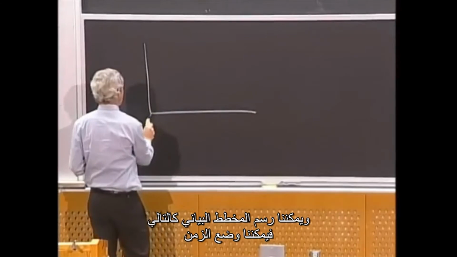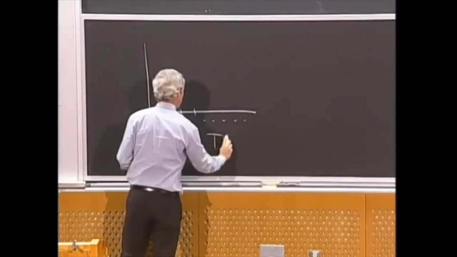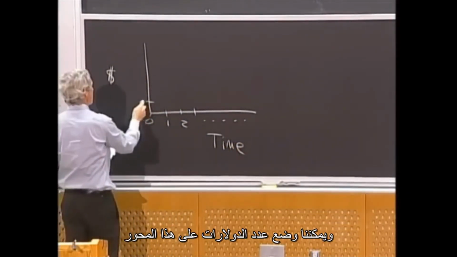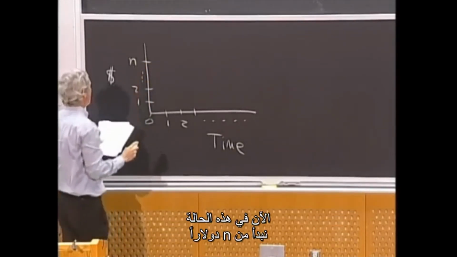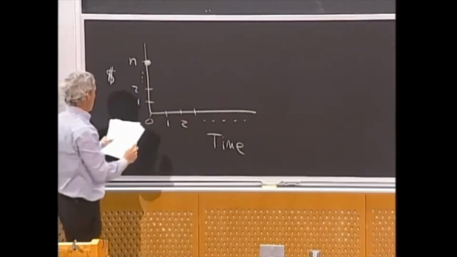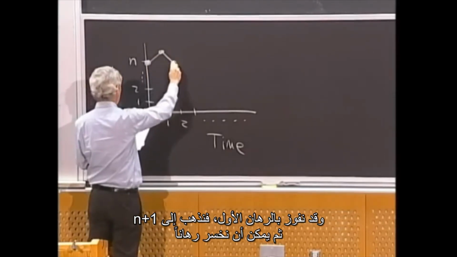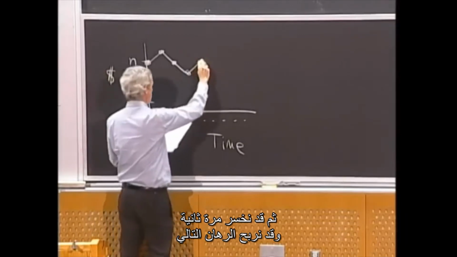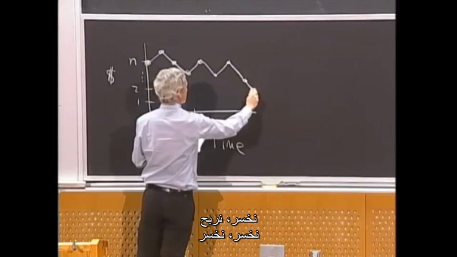So we can put time, or the number of bets, on this axis, and we can put the number of dollars on this axis. In this case, we start with n dollars, and we might win the first bet, so we go to n plus 1. We might lose a bet, might lose again, could win the next one, lose, win, lose, lose.